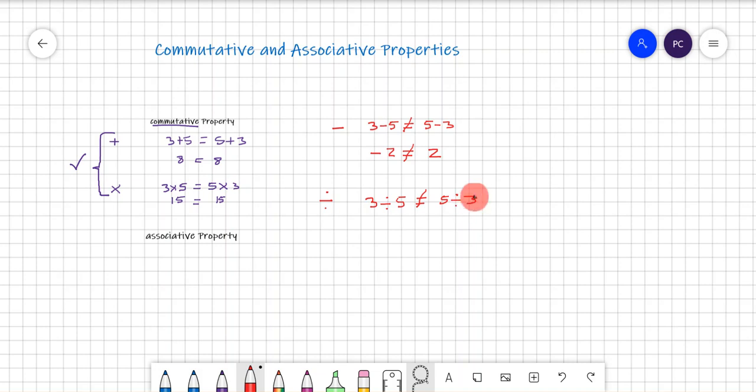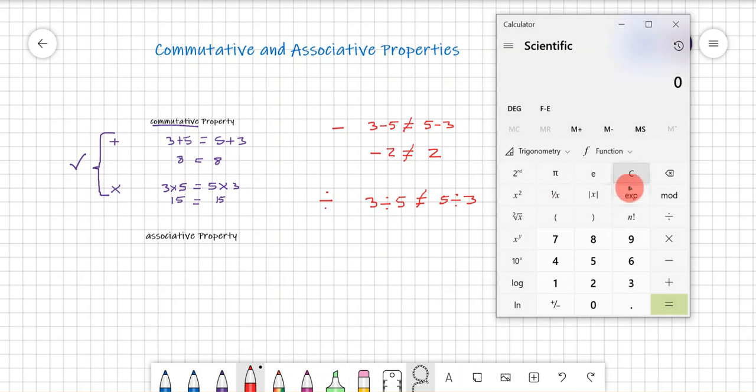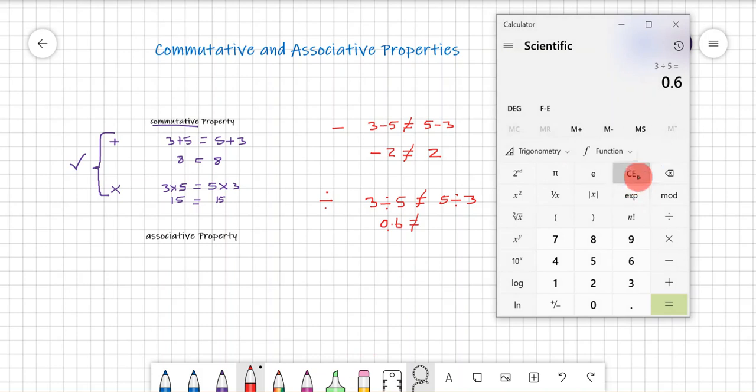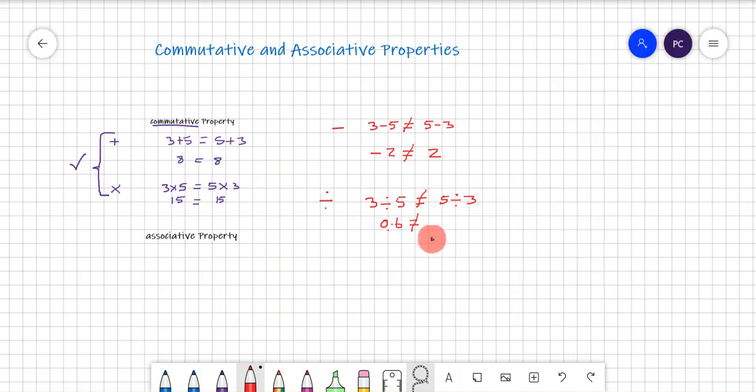So 3 divided by 5 is equal to 0.6, and 0.6 is not equal to 5 divided by 3, which is equal to, let's say, 1.67.